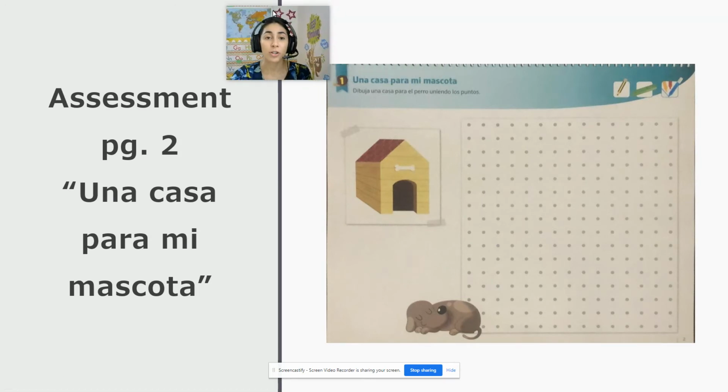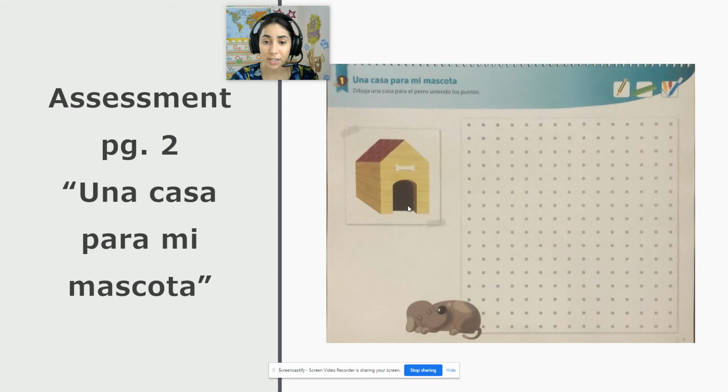Basically, what you are going to be doing is tracing a house for a dog, like this picture right here. You're going to be using lines: horizontal, vertical, diagonal, curved, and parallel lines.